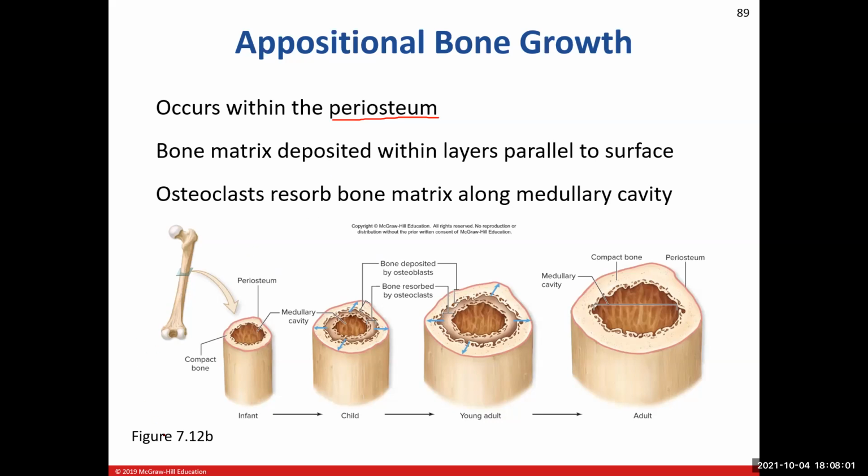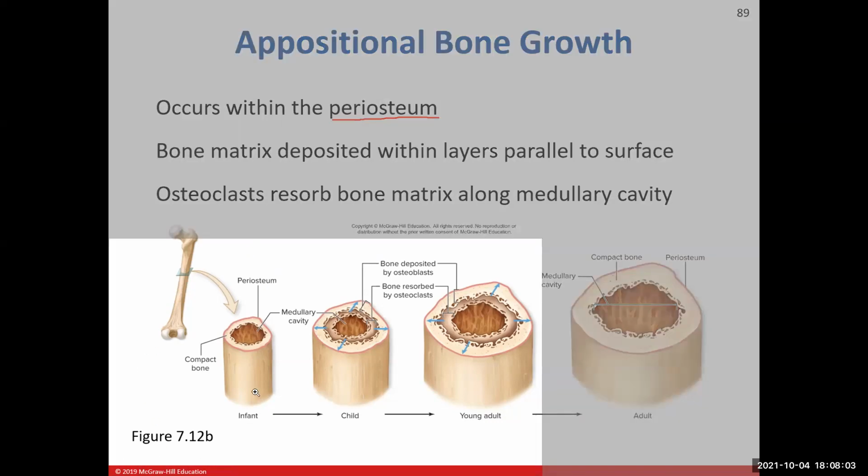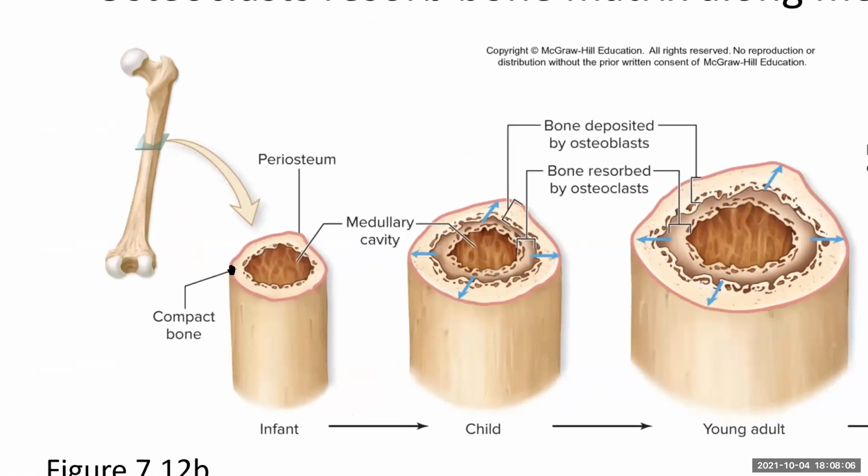If you look at these pictures at the bottom of our screen, you can see how on the outer layer, the osteoblasts and osteoprogenitor cells are going to lay down new bone matrix, and it's going to keep adding it to the periphery. Meanwhile, the osteoclasts are going to be working on the internal lining along the medullary cavity, eating away the old bone matrix, so it'll get wider and wider.